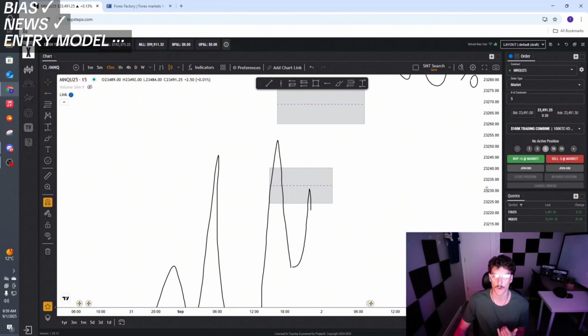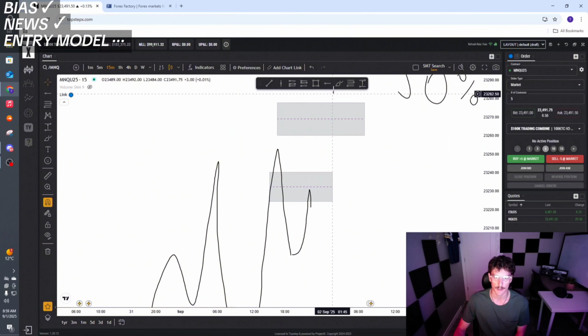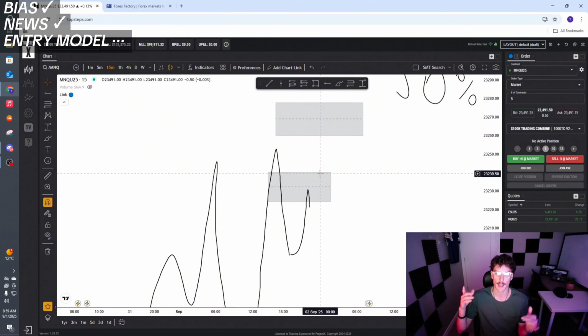So one thing I don't want to see for me to enter is we come up into this fair value gap, we get a candle close, right? We don't close below the fair value gap. We close above CE. As soon as I see that close above CE, I'm out for that trade. I don't want to enter that trade because my entry model has just been disrespected, right?